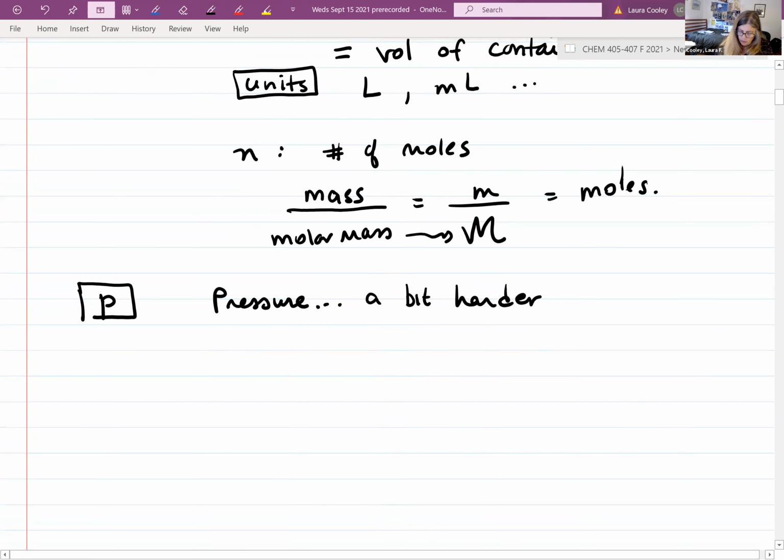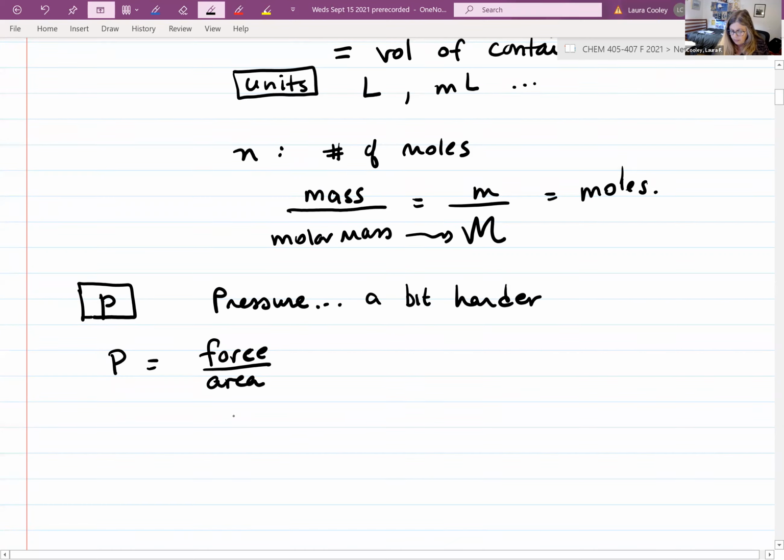So what is the definition of pressure? When I teach this in class, I'm going to ask you, and I very much hope that somebody tells me that they learned in physics that pressure is force per unit area.